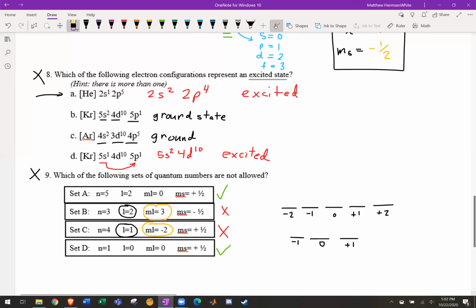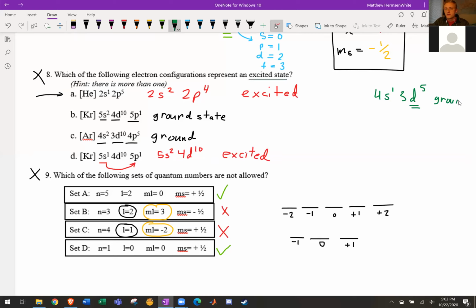So remember, this only applies when it's D. It doesn't apply to the P. So if, for example, it was 4s1, 3d5, this is ground state. This is okay, because the D5 rule applies. But in this case, this is a P. So the P does not have the D4, D9 rule. Is that what you were asking, Gracelyn?